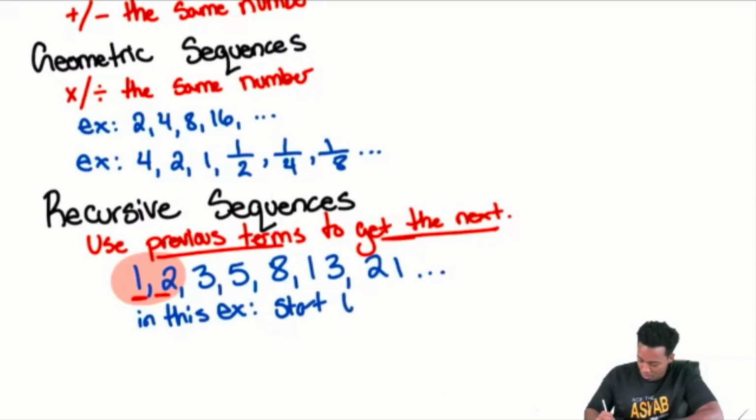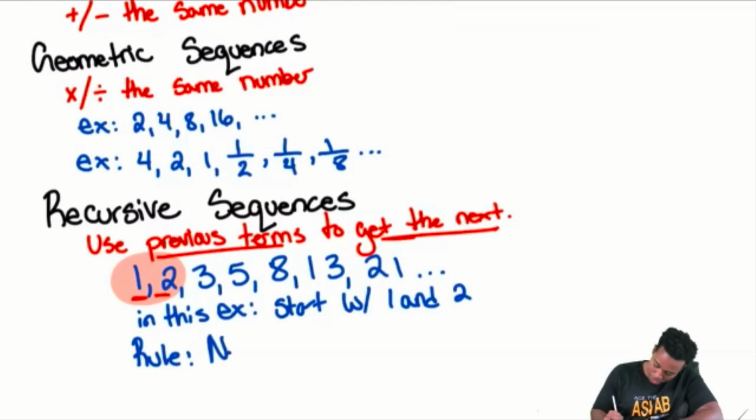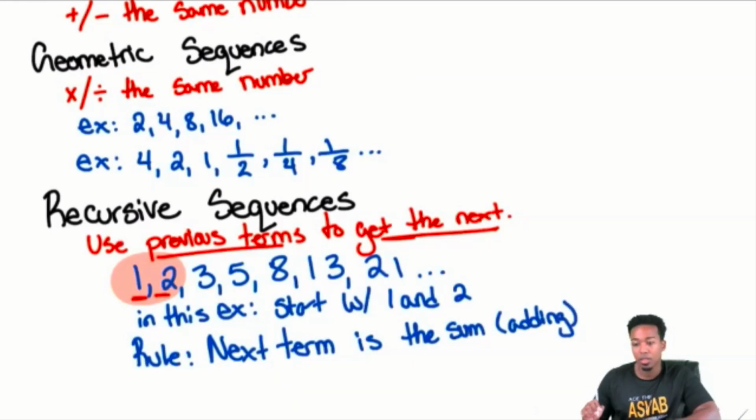And then basically the next term is the sum, or the addition, of the 2 previous terms. So the rule here: the next term is the sum, or again, adding the previous 2 terms.